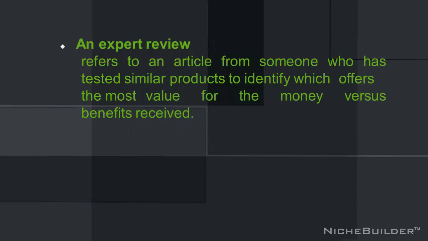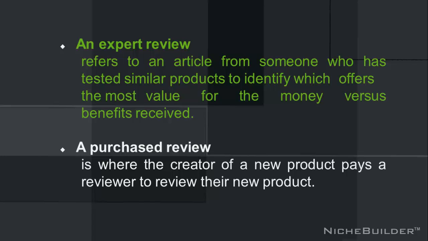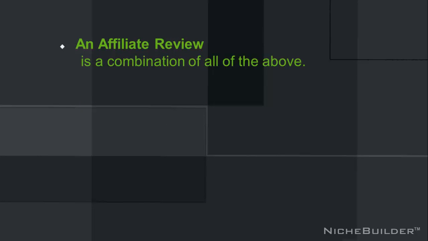An expert review refers to an article from someone who has tested similar products to identify which offers the most value for the money versus benefits received. A purchased review is where the creator of a new product pays a reviewer to review their new product. An affiliate review is a combination of all of the above.